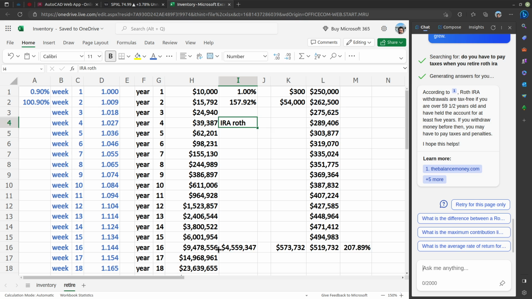You don't have to pay a dime of interest. You may have to pay tax, sales tax, that's all. But that's plenty of money for retirement.